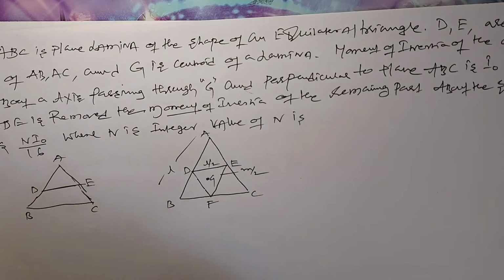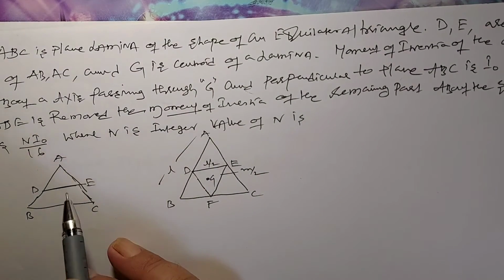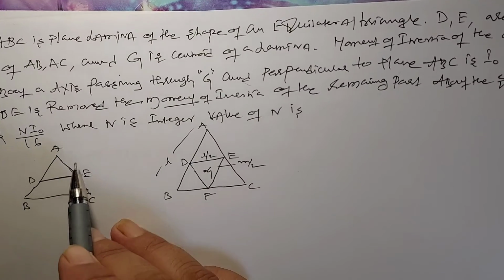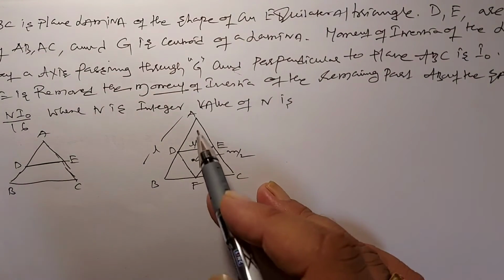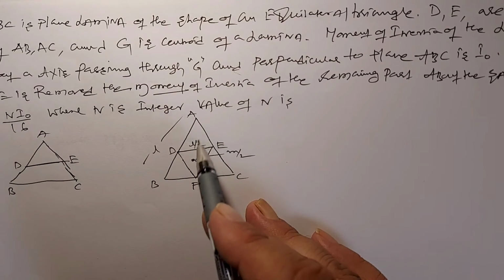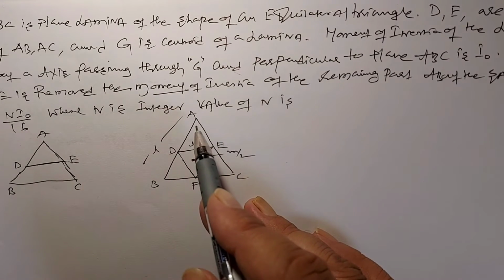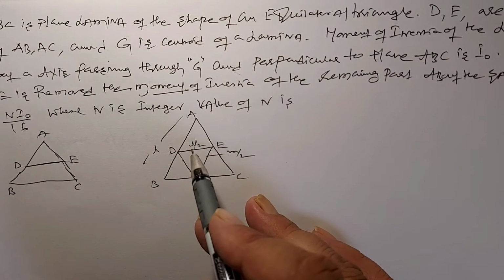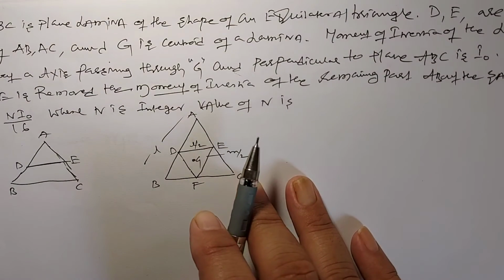Now we are going to solve that problem. Imagine this plane lamina is the combination of four equilateral triangles, so it is the combination of four plane laminas.